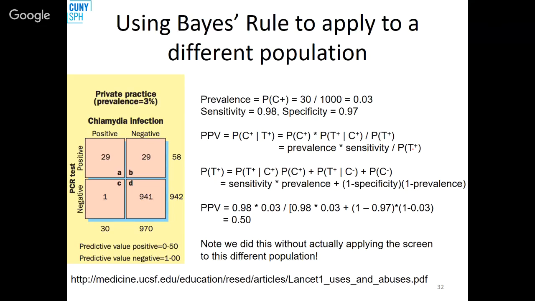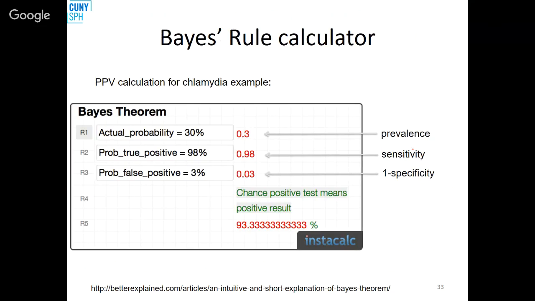And if you're scared about that, I'm even going to let you use a Bayes rule calculator. This is online. You're allowed to use it. You enter this actual probability is the prevalence, probability of true positives, false positives. As long as you know what these things are and you're able to calculate them, like the true positive rate, the false positive rate, the prevalence, you can just use a calculator like this.